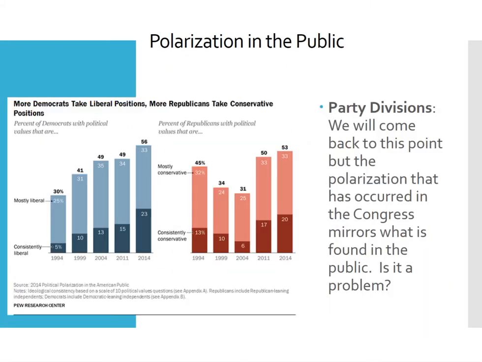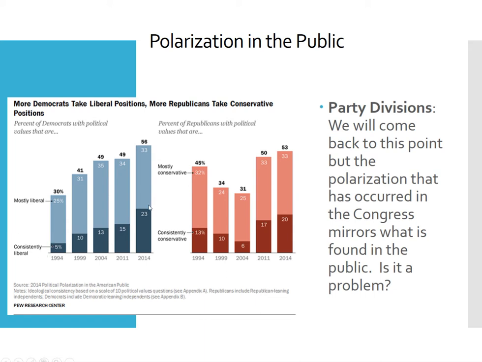And this polarization in Congress is reflected also in the party divides among the people. And so the opinions of those who self-identify as Democrats are on the left side here, and this is referring to that Pew Research Center study that the video clip just showed you.